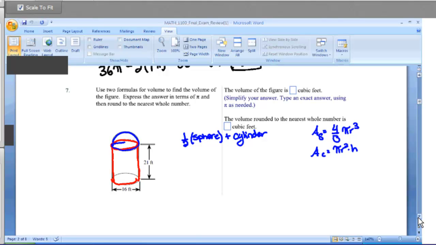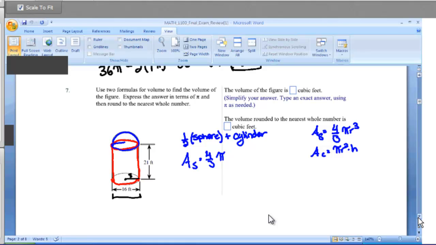All right, so with that information, we can actually go ahead and find the volume of the sphere. So 4/3 pi, and then the r, this isn't too tricky, but it's a little bit. It tells us that from one edge to the other is 16 feet. So half of that is going to be 8.